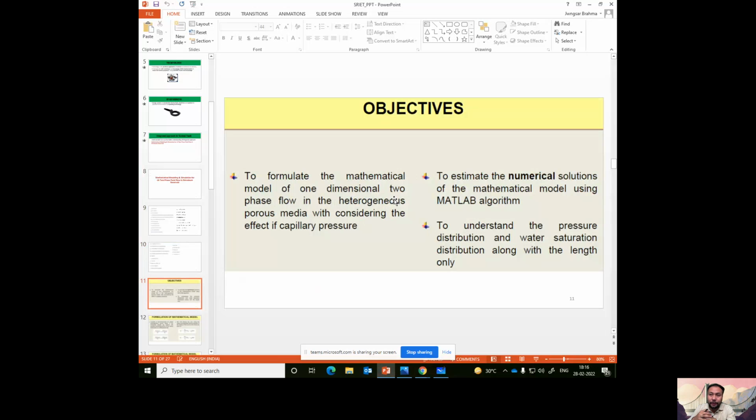We developed a first order partial differential equation, which was highly nonlinear. The second objective, which we try today, is to solve the mathematical model that we developed in the previous class.